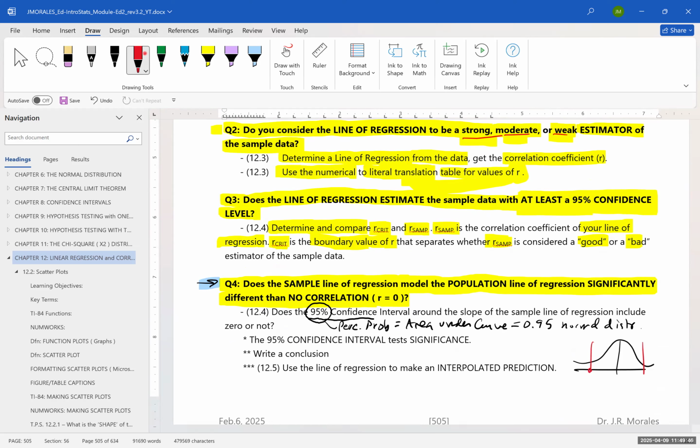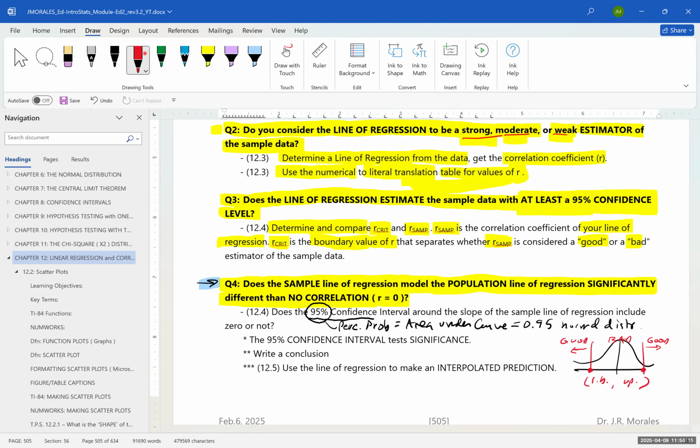And so this is going to end up creating a confidence interval where we're going to have two values, some lower bound and some upper bound. And if our value lies within the lower bound and upper bound, we're going to consider that a bad estimator. And if it's outside those boundaries, then we're going to consider it good. Something like that.